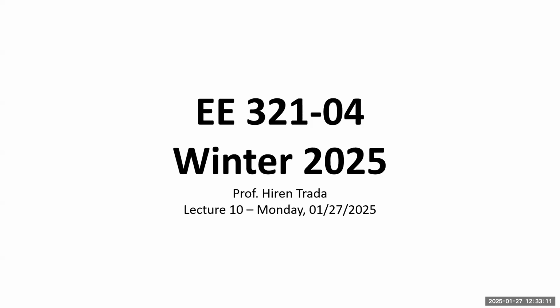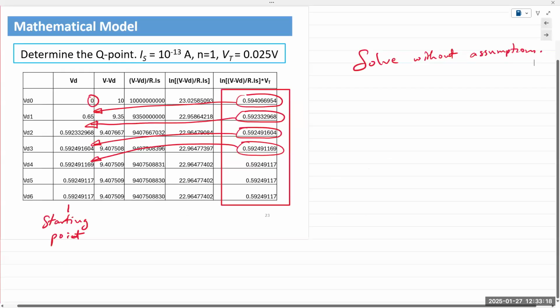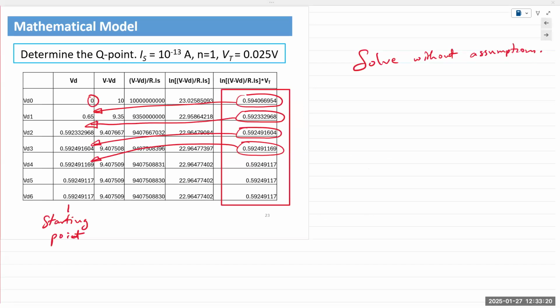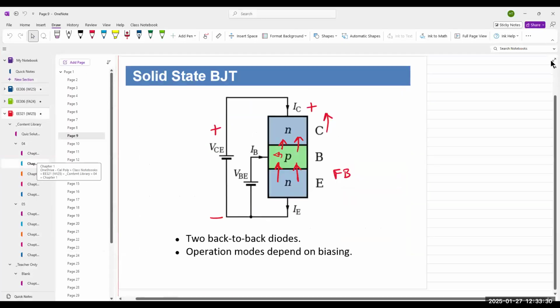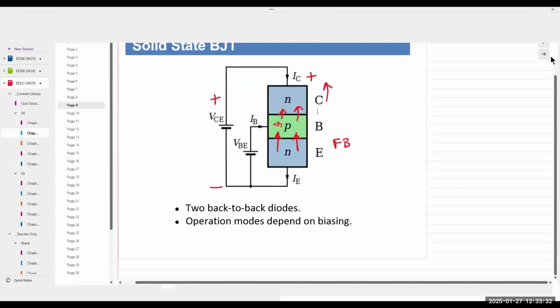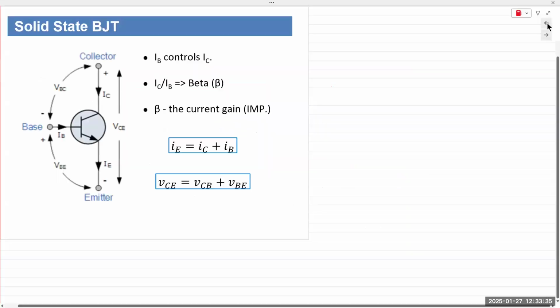Okay, let's switch to class notebook. All right, solid state BJTs.